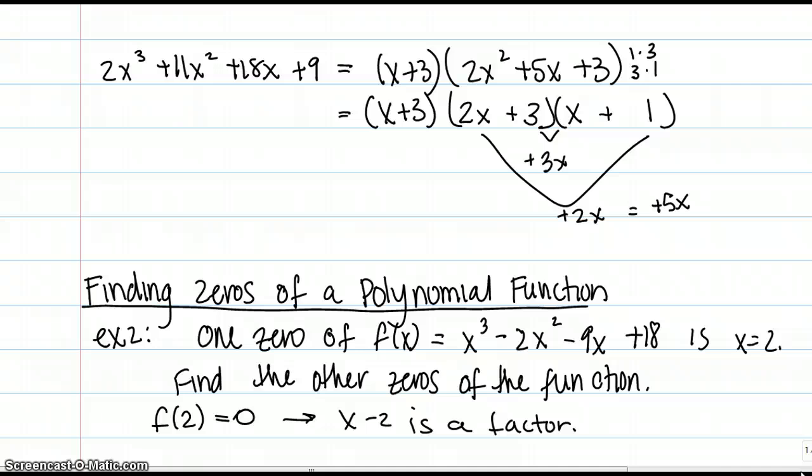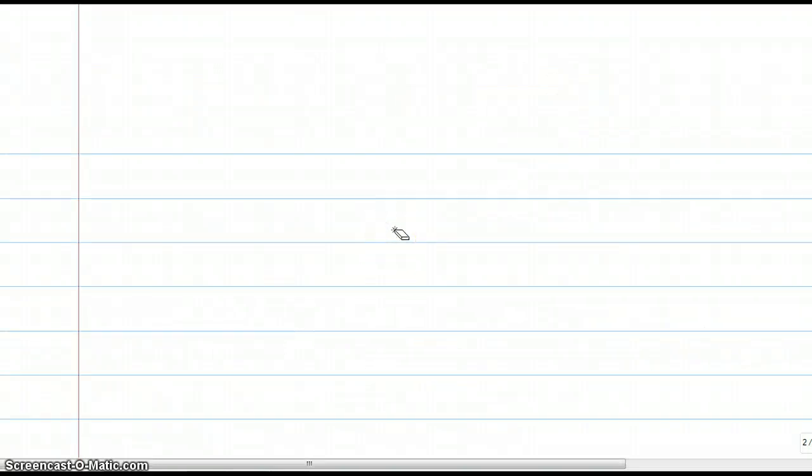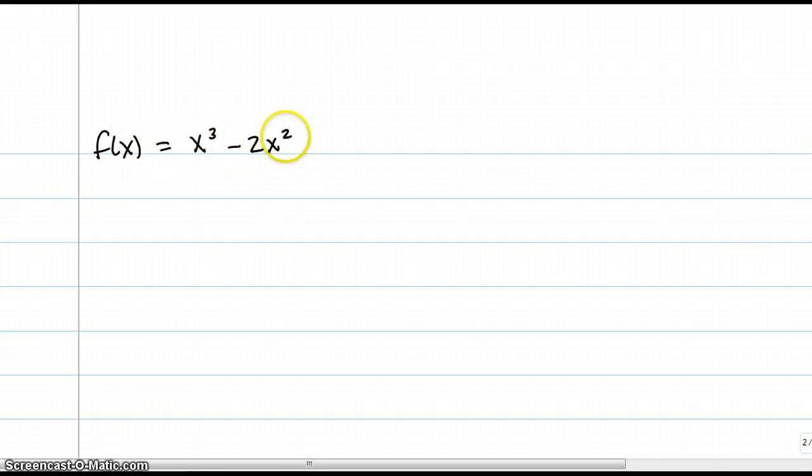Alright, so our original polynomial was f of x equals x to the third minus 2x squared minus 9x plus 18. And we knew that x equals 2 is a zero. So when I make my box for synthetic division, my 2 goes up in that top left corner, and then I write down the coefficients of my polynomial.